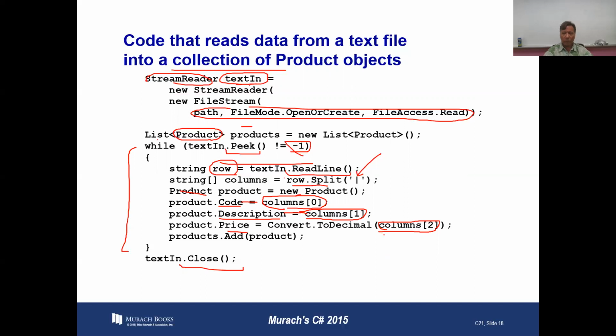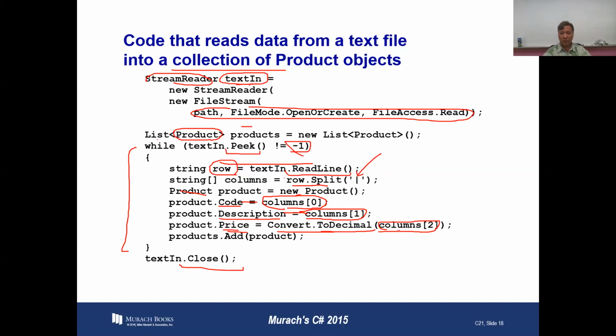So we want to convert that string of text characters, string of ASCII characters, into an actual decimal number, because price is a decimal number. It's not a string, it's a decimal number. So you have to store a decimal number into that property.